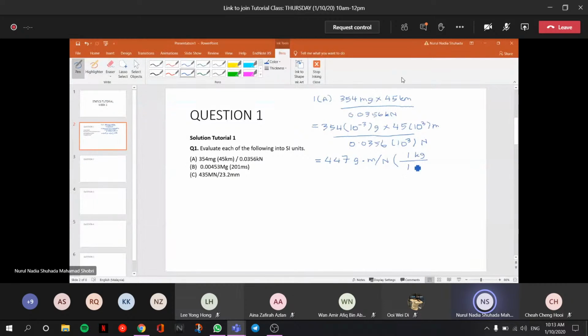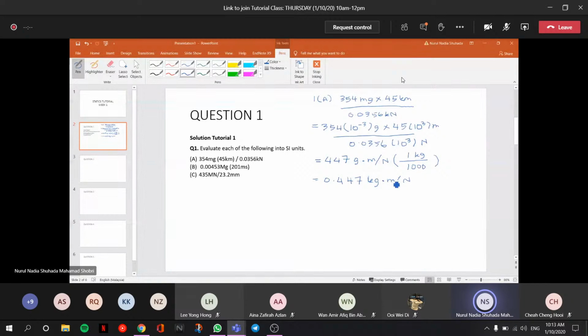So the answer would be 0.447 kilogram dot m per newton. Just not to be confused.